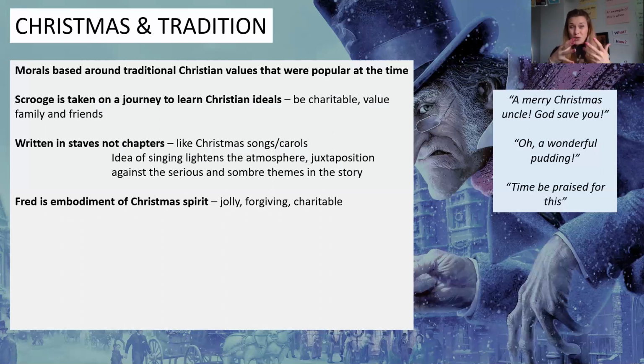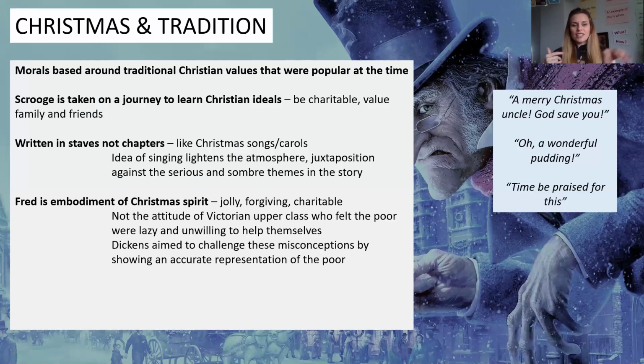And what Dickens was trying to do here is to bring in this idea that yes, we have a class system, but it doesn't mean perhaps that the lower classes are lazy, and that actually this Victorian upper class really felt that the lower classes were poor, they couldn't be bothered to work, they weren't willing to help themselves, so why is it my job to help them?